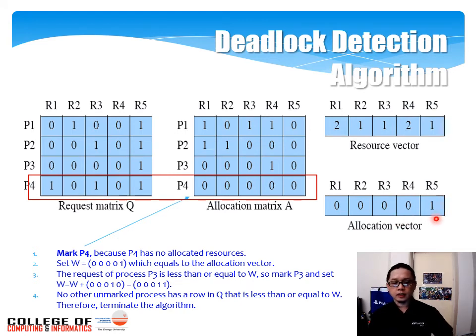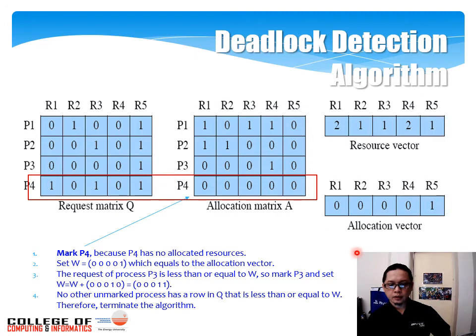So what's next? You cross-check with the request matrix. Which request can you fulfill based on the availability of resources here? Currently you have 1 unit of R5. Based on the requests, the only process that can proceed is P3, because P3 is requesting R5.